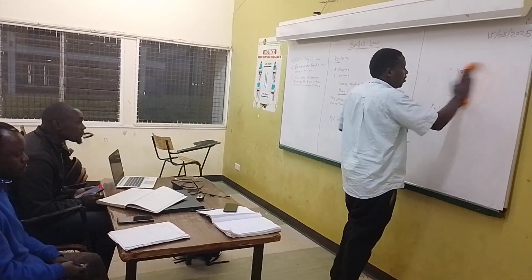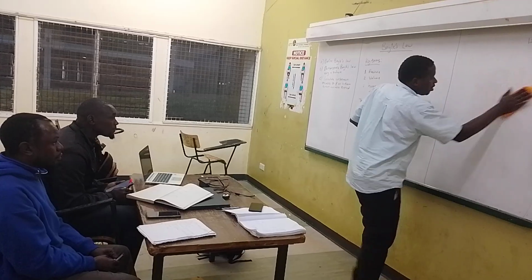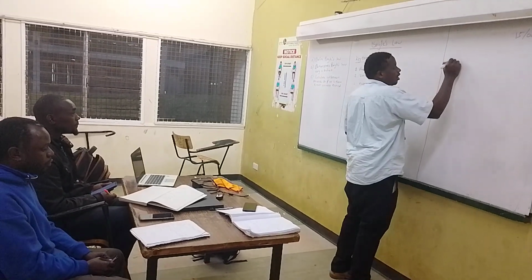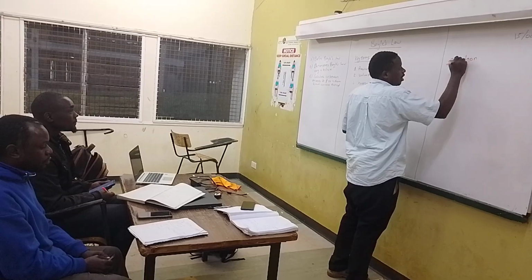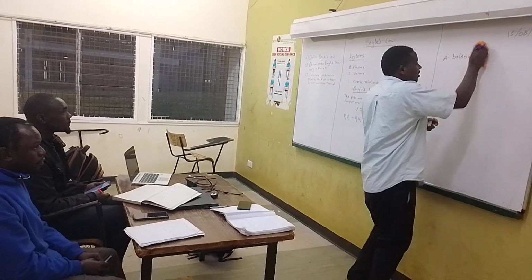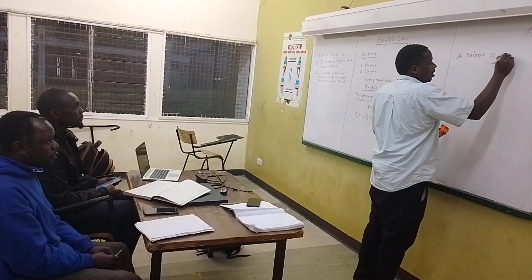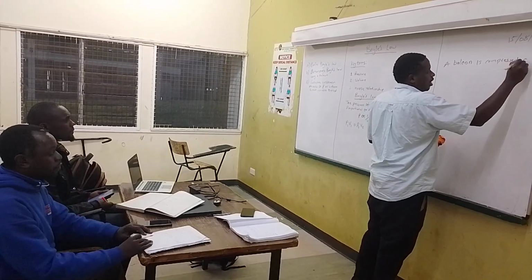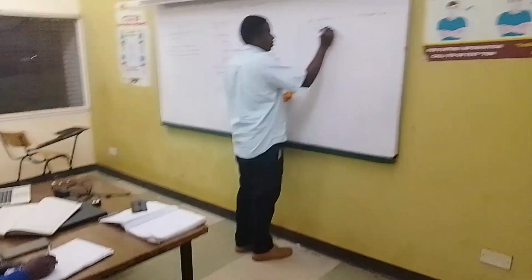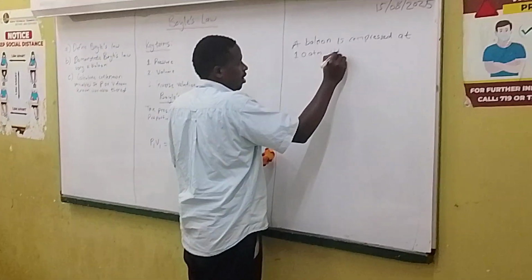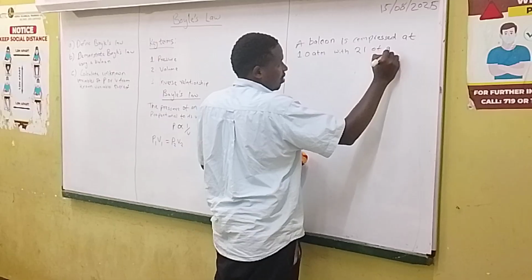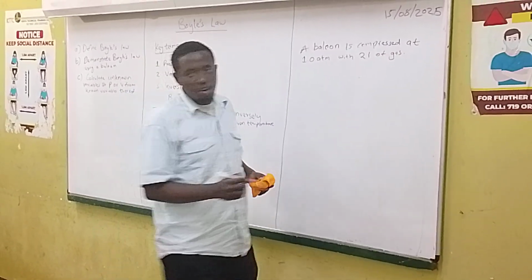I'd like you now to do the following assignment. A balloon at 1.0 atmosphere contains 2 liters of gas.